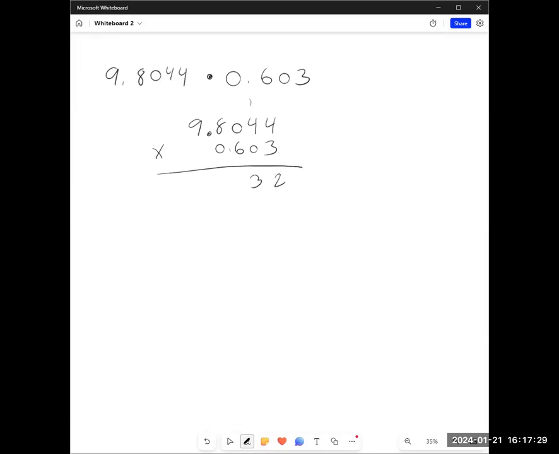12, 13, 24, 27, and 2 is 29. 0, 0. 24 and 2 is 26. 48. 54 and 4 is 58.